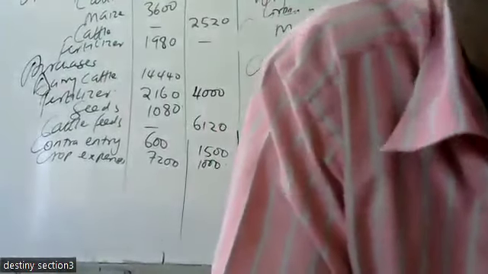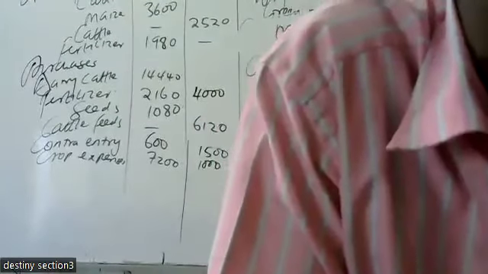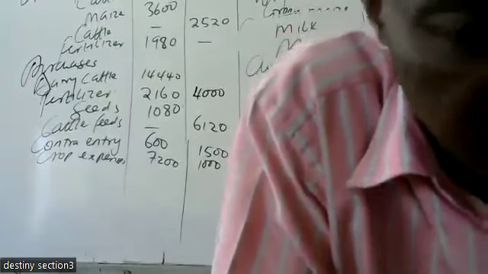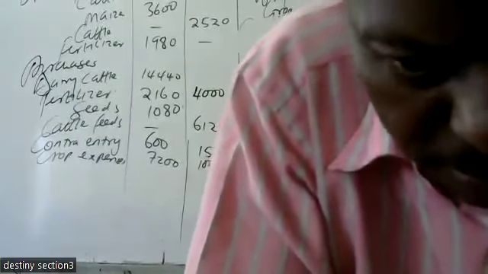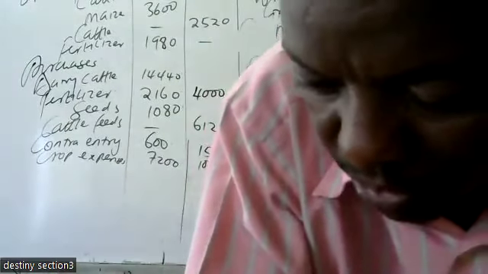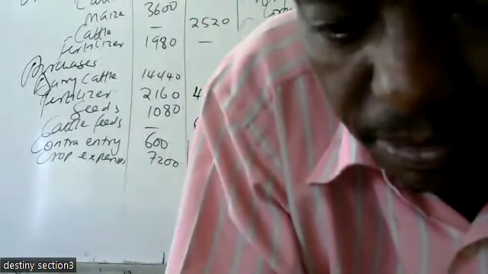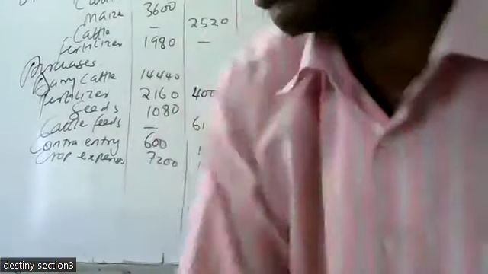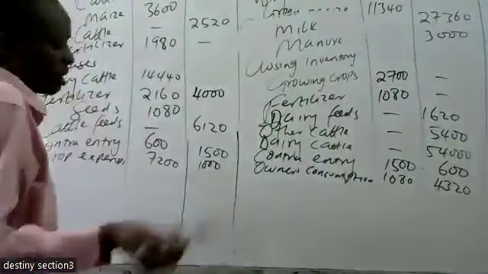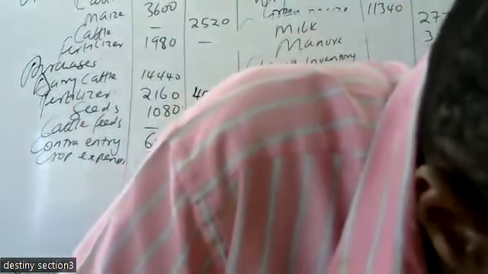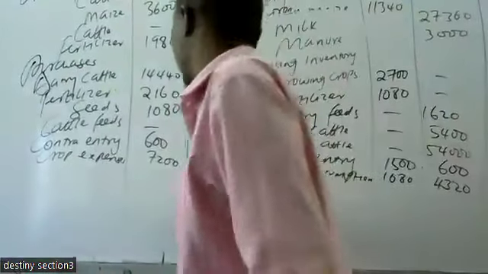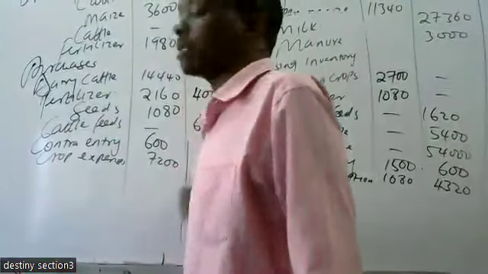Yes? There's napier grass labor and there is dairy cattle expenses, medicine and labor and other expenses. Napier grass labor, how much? The napier grass labor is the 1,000. What else? So the cattle labor should change. It should not be 1,000. I mean, add them together.